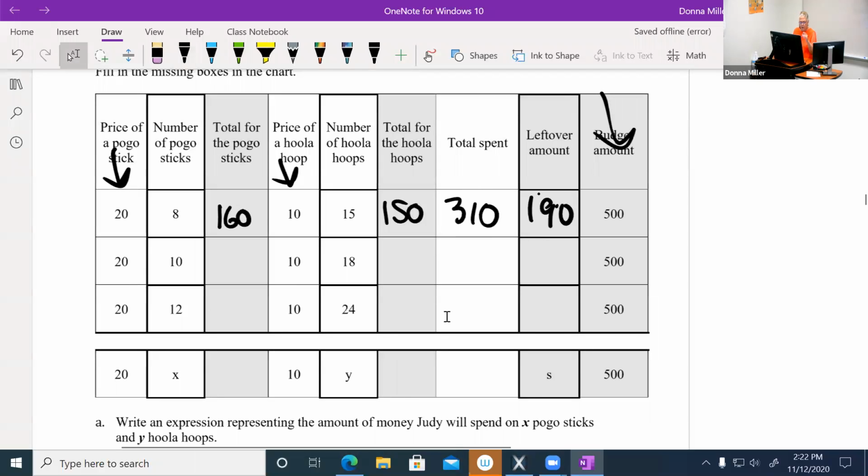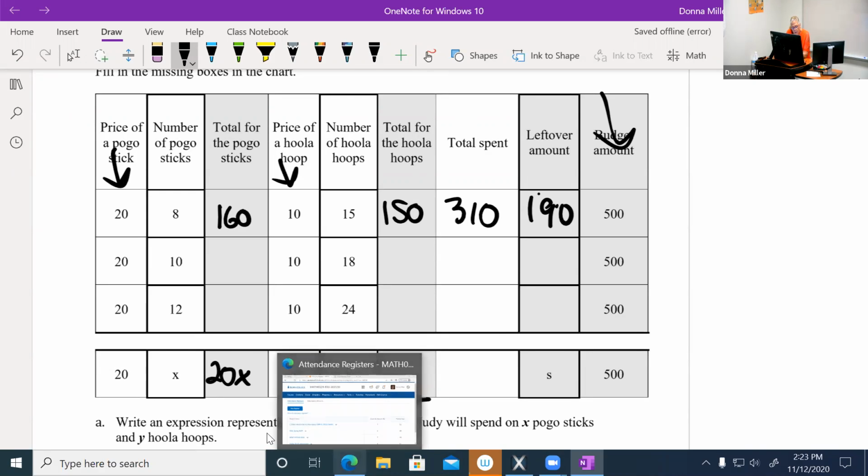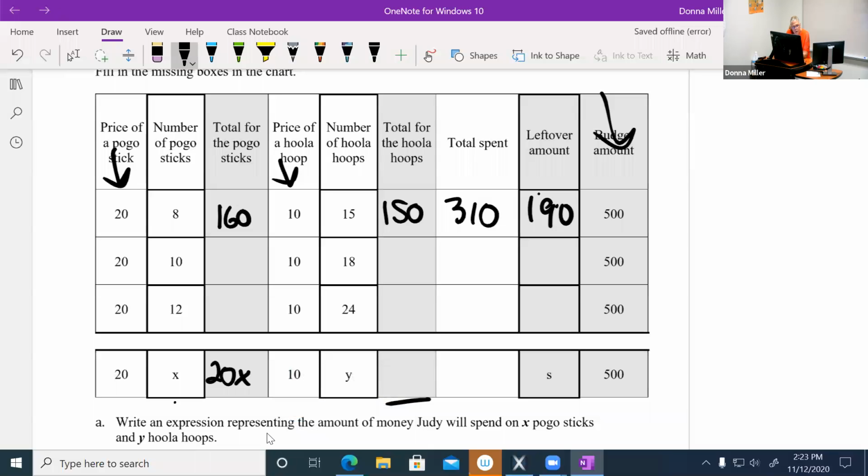So we're going to jump down to the bottom line. The money for the pogo sticks would just be the value times the number I bought, so it's 20x. What's the number for the hula hoops? $10y, right? I multiplied 10 by the number of hula hoops.